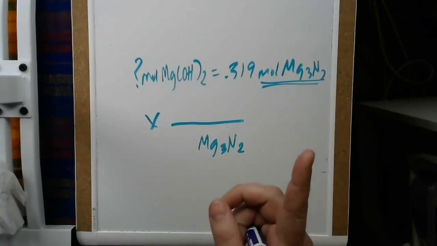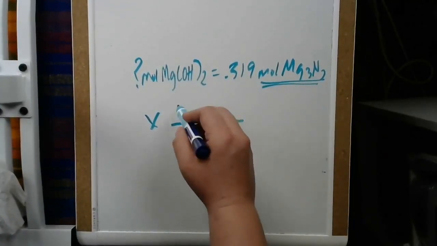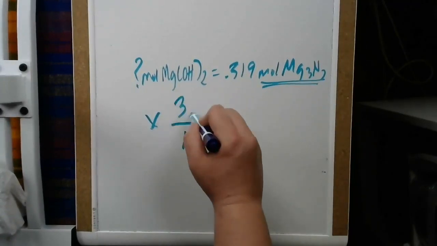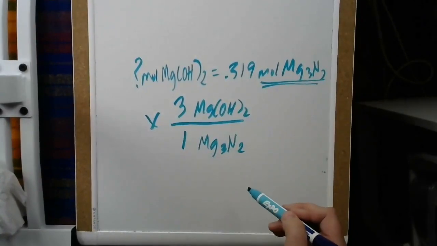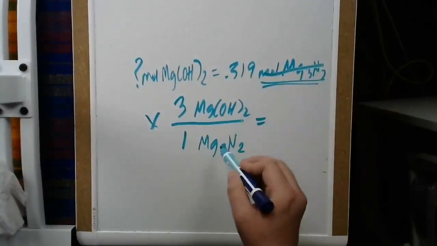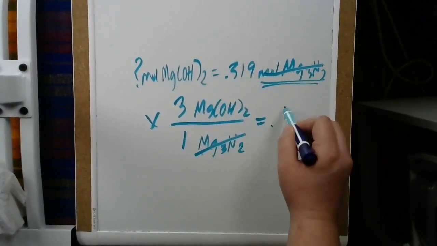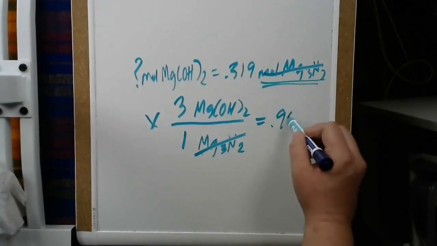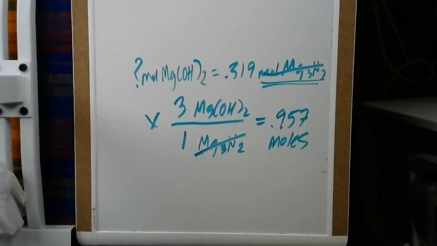So if you look at that balanced equation, you see that every 1 mole of Mg3N2 produces 3 moles of Mg(OH)2. Okay, it's a 1-to-3 ratio. So then we see that our moles of Mg3N2 are going to cancel out. We multiply that across, and it gives us 0.957 moles.